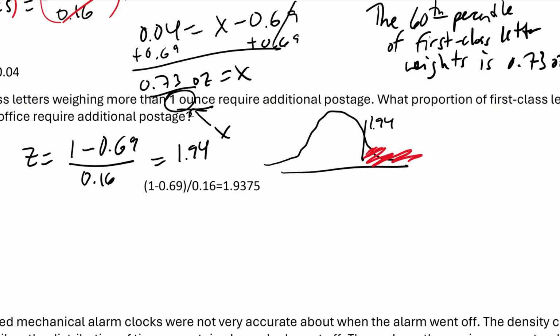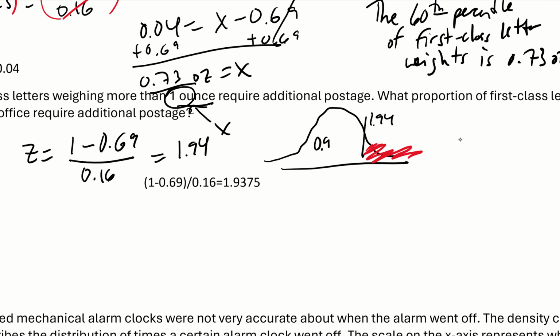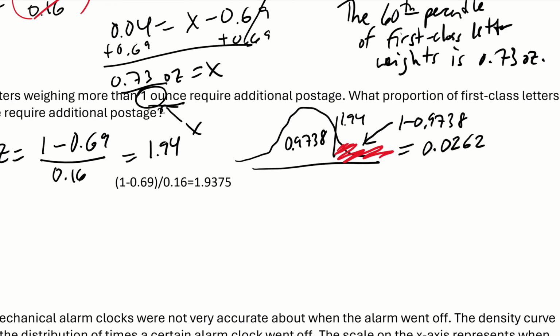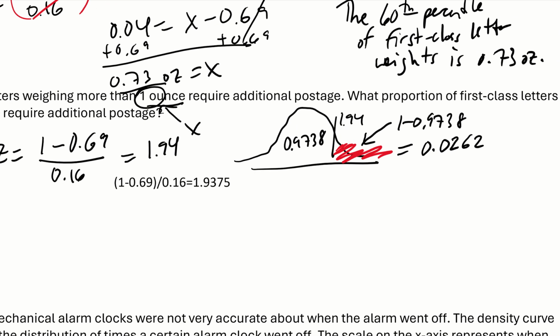So we got to do 1 minus 0.9738, which is 0.0262. So what proportion of first class letters require additional postage? You get 0.0262.